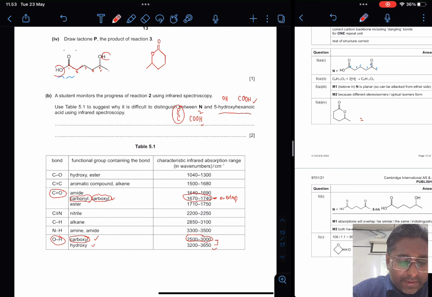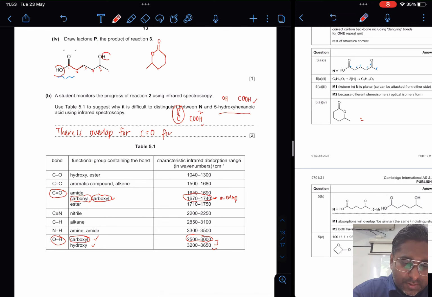So first thing, we know that there is an overlap for C double bond O, for carbonyl and carboxyl.